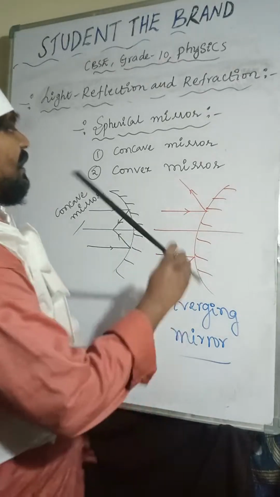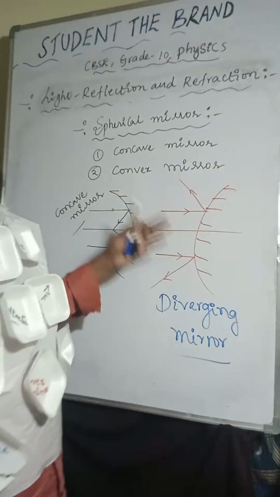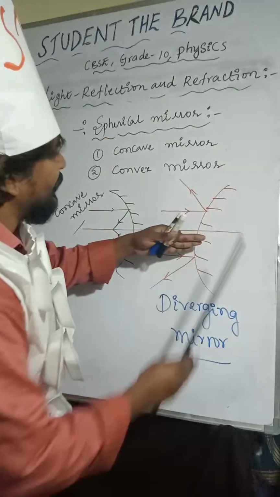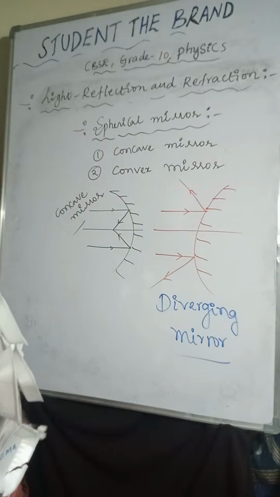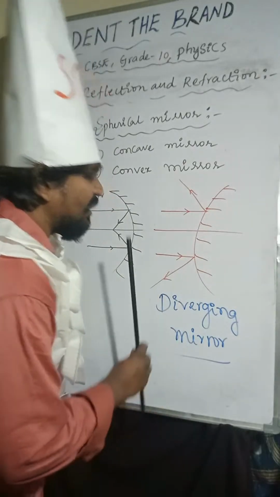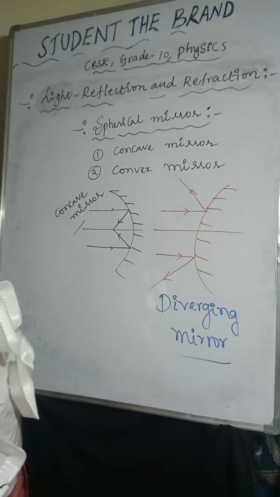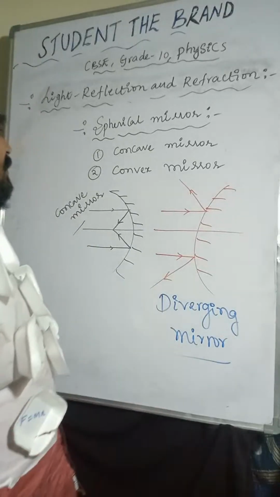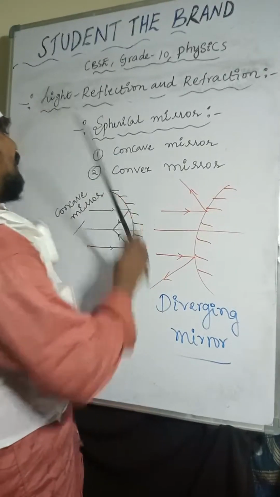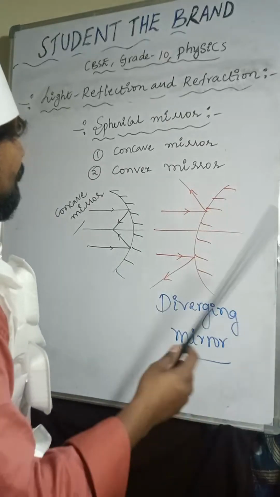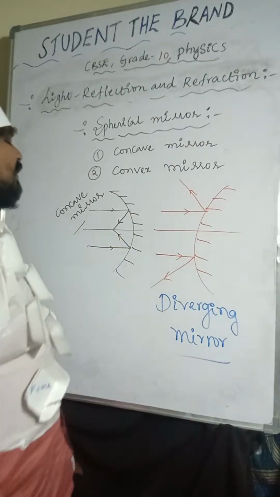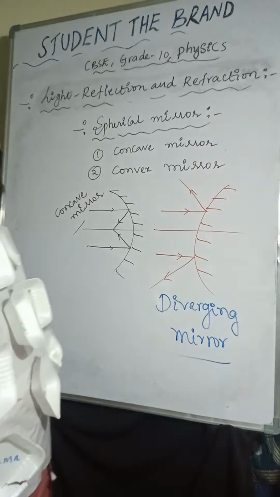Coming to the diverging mirror, after reflection, light rays are moving away from the principal axis. That's why it is called a diverging mirror. Concave mirror, converging mirror; convex mirror, diverging mirror.